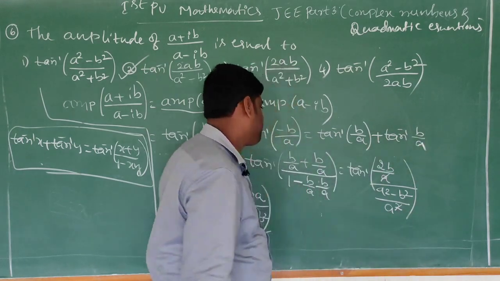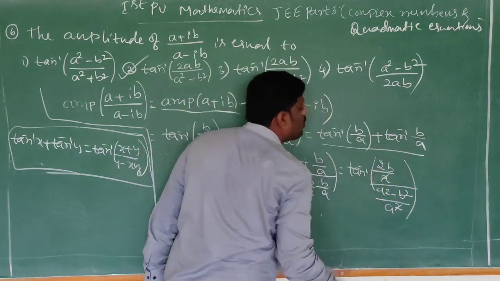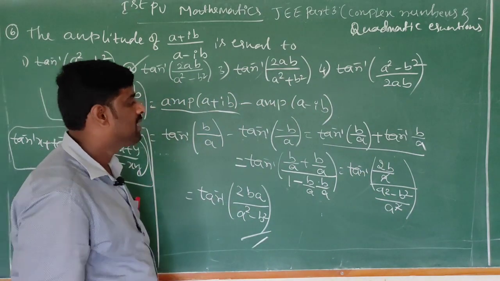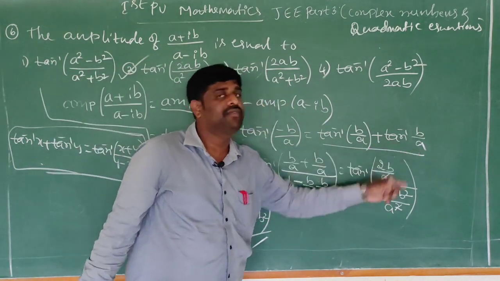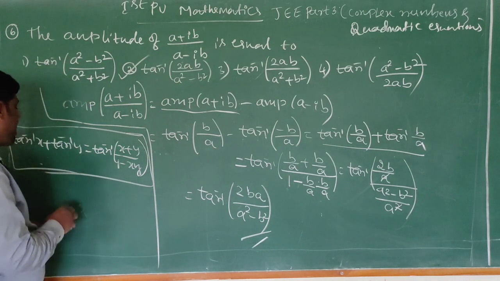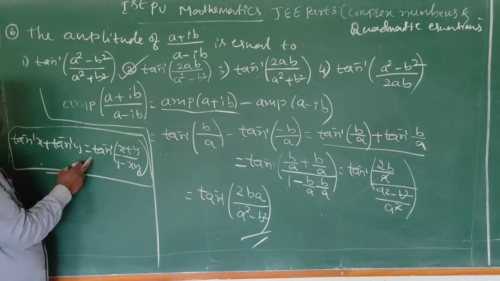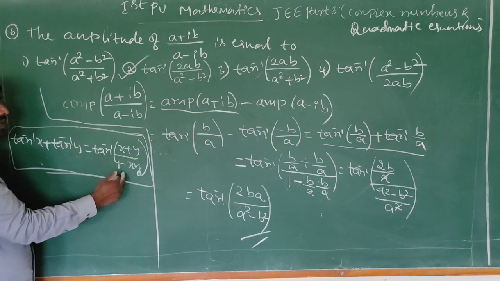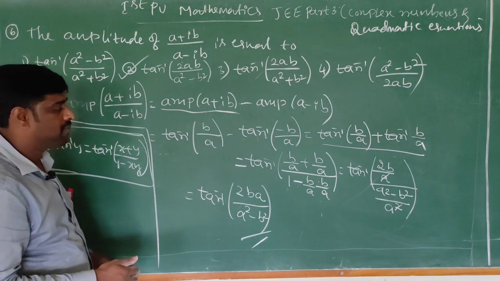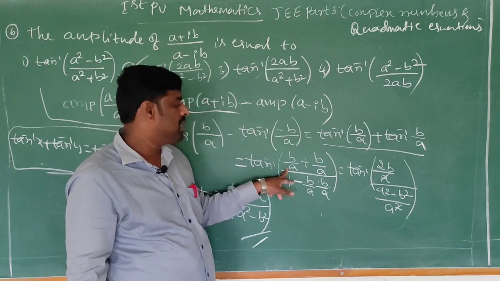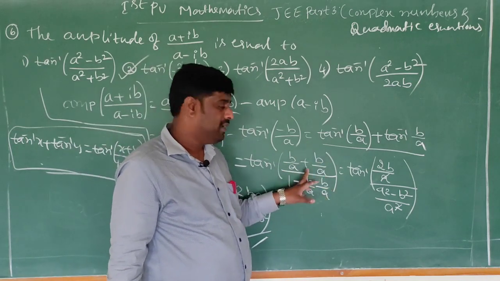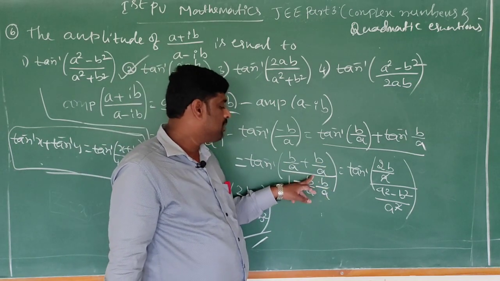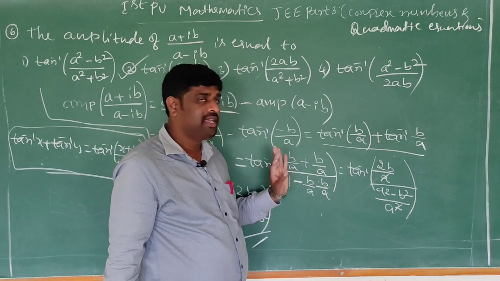So for this we have to apply the formula tan inverse x plus tan inverse y equals tan inverse of x plus y divided by 1 minus xy. Tan inverse of b by a plus b by a divided by 1 minus b by a into b by a.